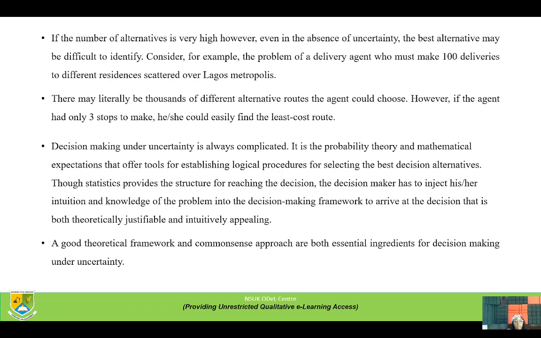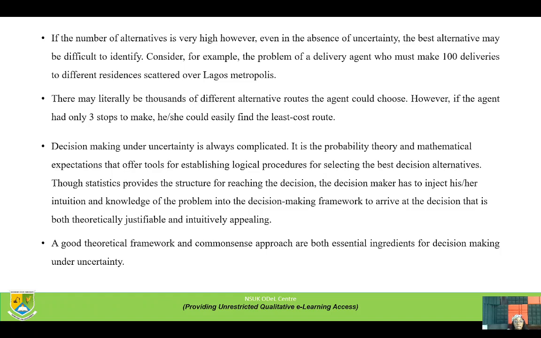Decision making under uncertainty is always complicated. It is the probability theory and mathematical expectations that offer tools for establishing logical procedures for selecting the best decision alternatives.